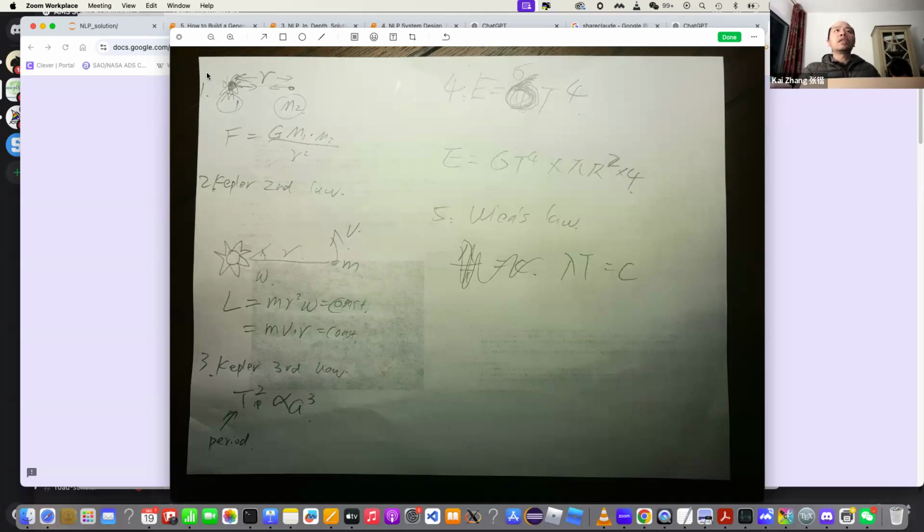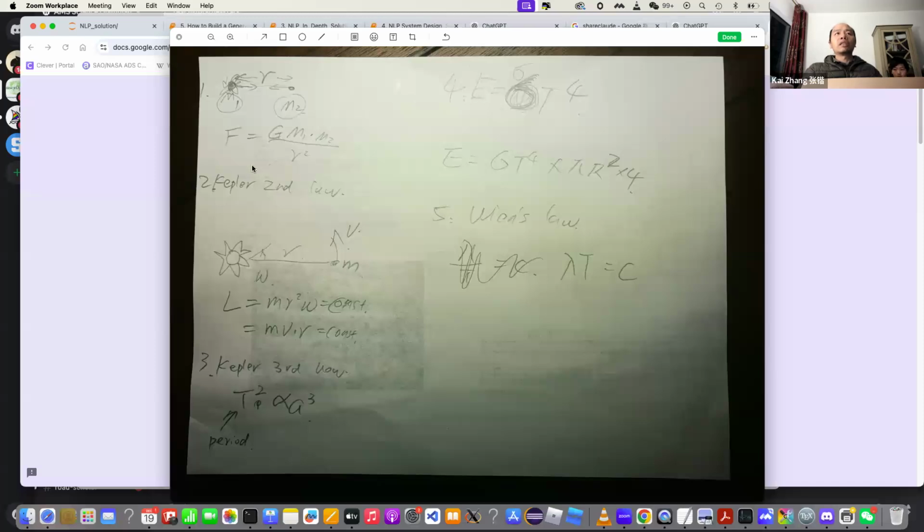So number one is called the gravity law. That is the formula to calculate the gravitational force between two stars. For example, two stars rotating around each other, or the Earth rotating around the sun.